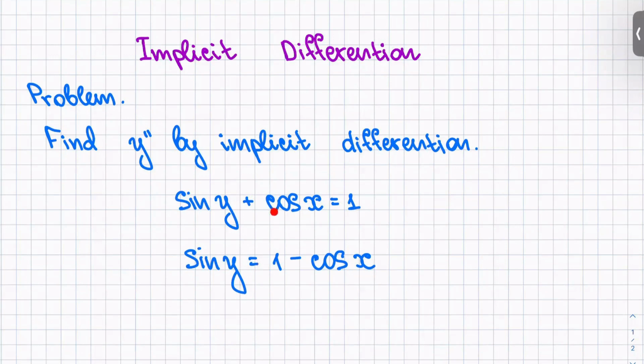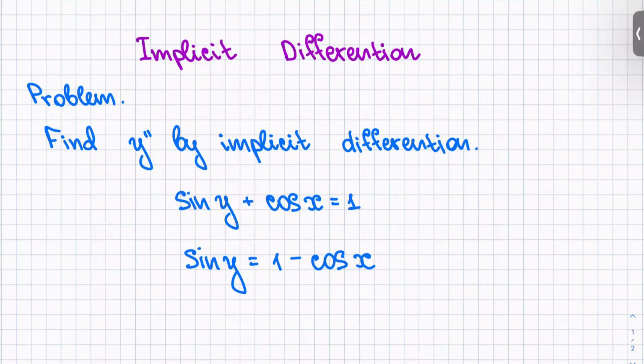So in that case, when you are given this kind of equation with a function y hidden under sine, which means y is presented in this equation implicitly, let's find the derivative with respect to x.